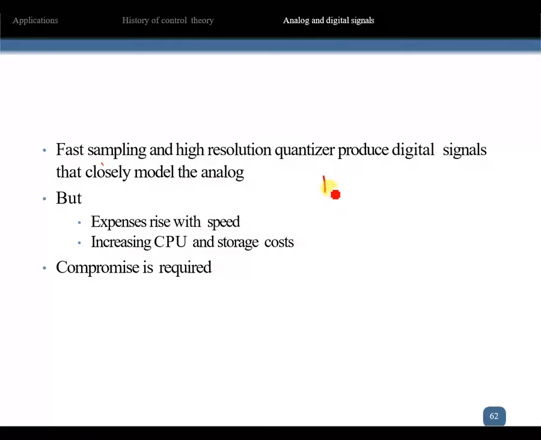And we saw that if you have a very small sample time, the discrete time is close to the analog, but the expense rises with the speed, and the CPU and storage cost increase, because you must store a lot of data.